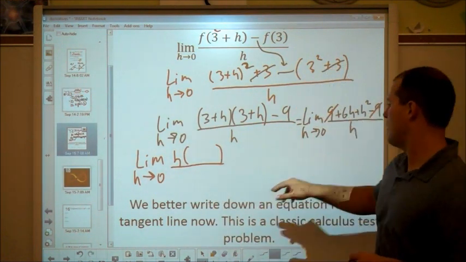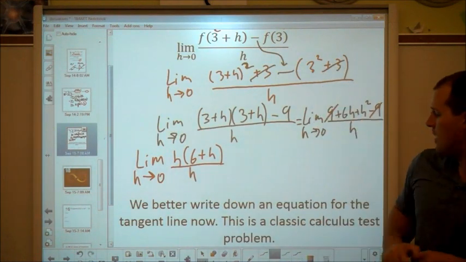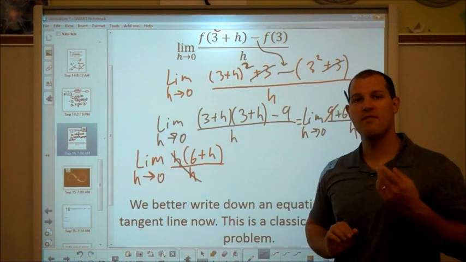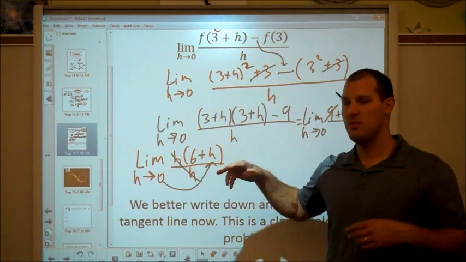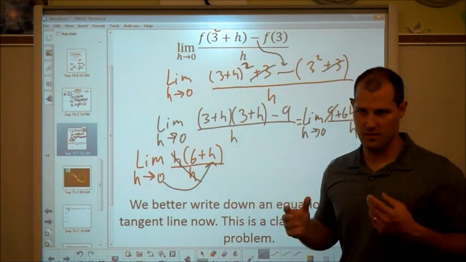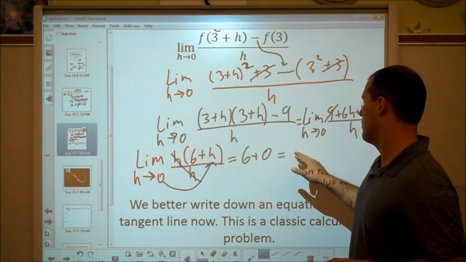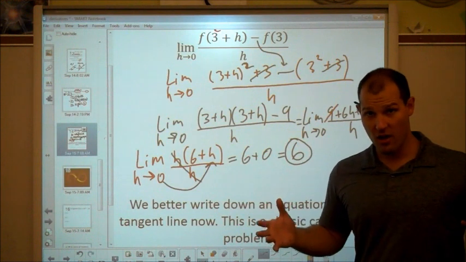It looks like we have a 6 plus h in there. And there's an h in the denominator. And so now we can cancel out those h's. And finally, we are able to plug in a 0 for h because it doesn't create any domain issues. It's clearly defined. So now we have 6 plus 0 equals 6. Okay, there we go. All of that for a 6.